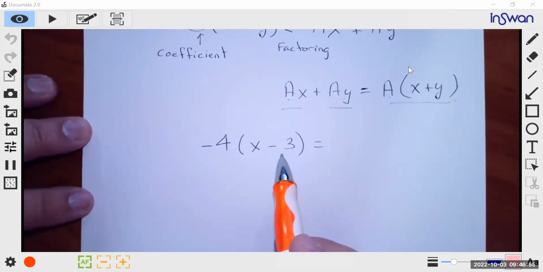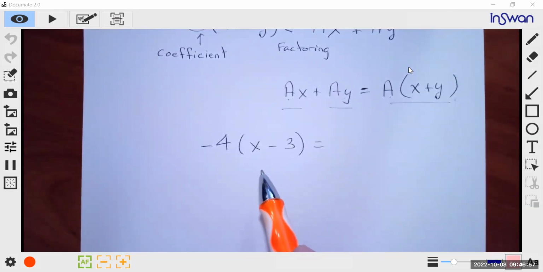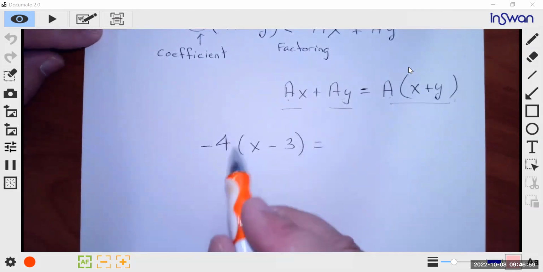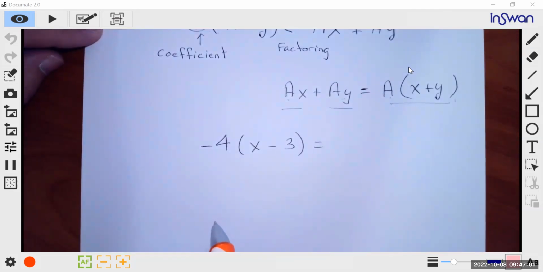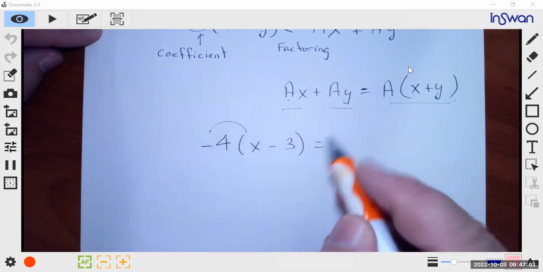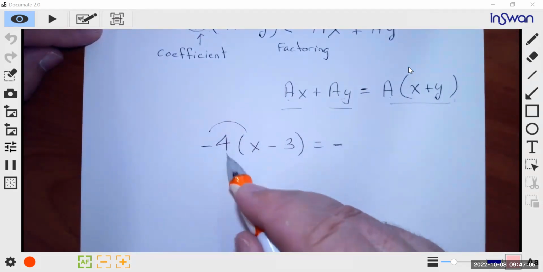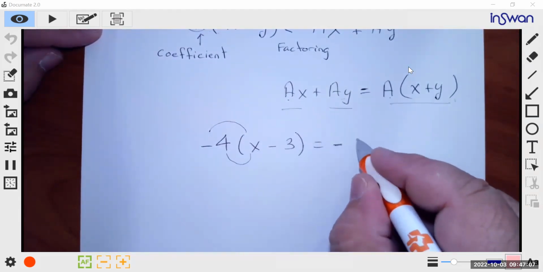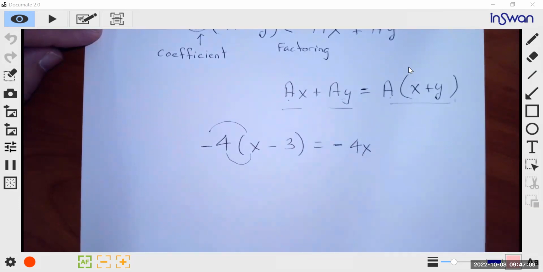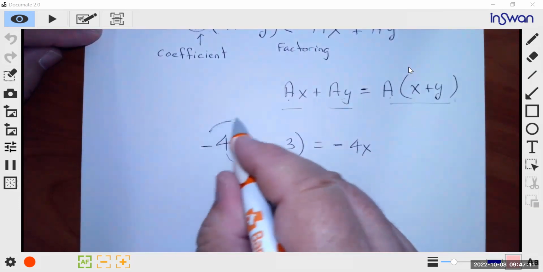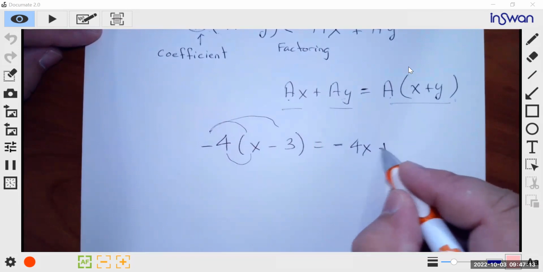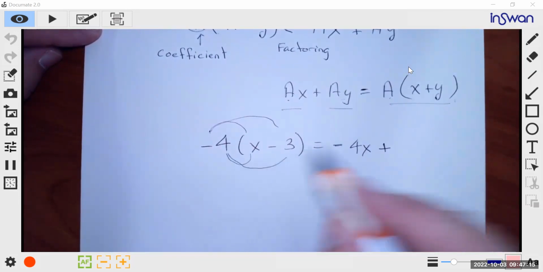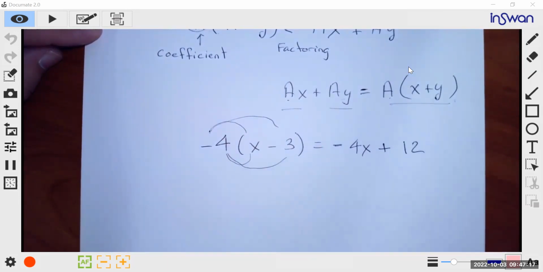If we can't do anything, then we have to get rid of the parenthesis. So that way we use distributivity. Negative times positive is negative. 4 times x is 4x. Negative times negative is positive. 4 times 3 is 12. There we have it.